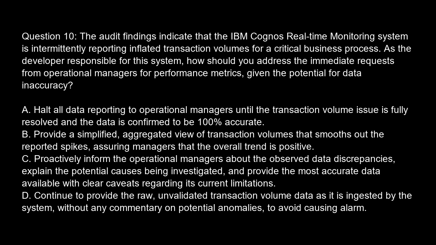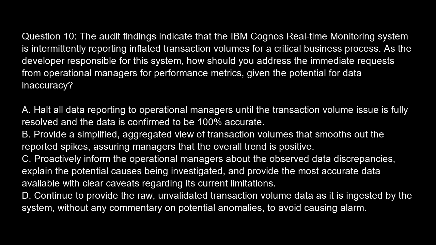Option A. Halt all data reporting to operational managers until the transaction volume issue is fully resolved and the data is confirmed to be 100% accurate. Option B. Provide a simplified, aggregated view of transaction volumes that smooths out the reported spikes, assuring managers that the overall trend is positive. Option C. Proactively inform the operational managers about the observed data discrepancies.